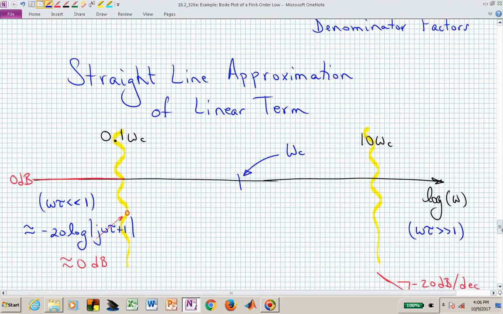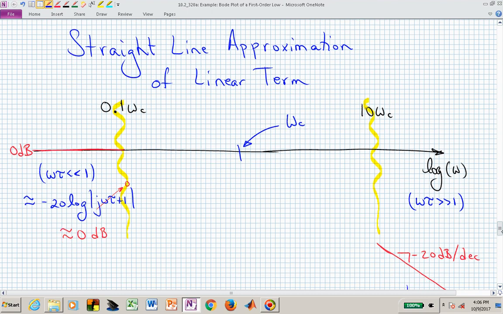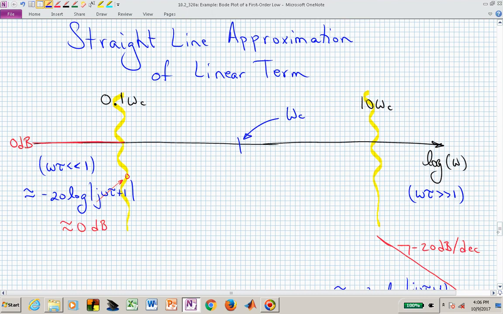So here is our straight line approximation of the linear term. For frequencies less than 1/10 the break frequency, that's right here, we are at 0 dB. For frequencies bigger than a decade beyond the break frequency, here is our break frequency, omega sub c, then a factor of 10 beyond that, let's say that omega sub c was 5.